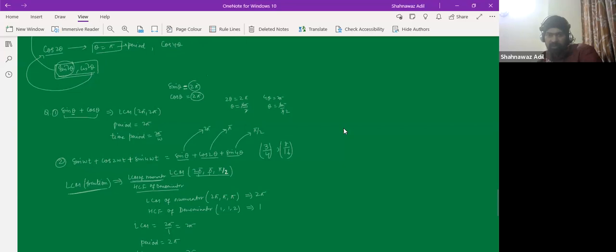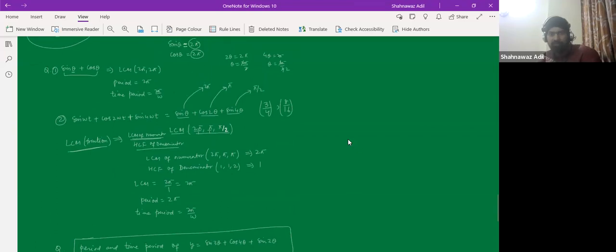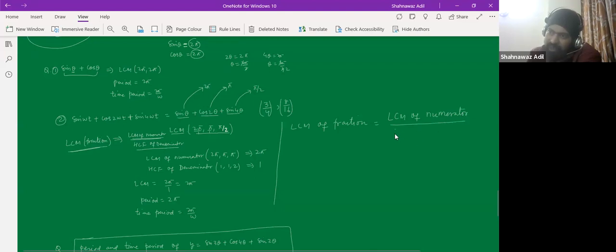Then please note down this part. And remember this very important result: LCM of a fractional number is what? LCM of fraction would be LCM of numerator divided by HCF of denominator.